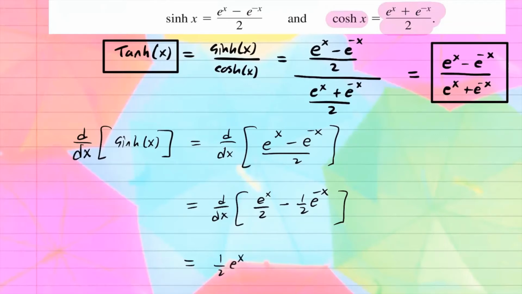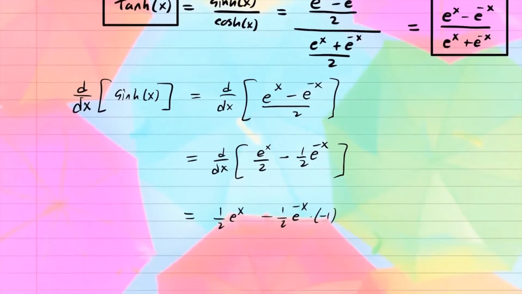And the derivative of 1/2 e to the negative x is negative 1/2 e to the negative x times negative 1. And that negative 1 and the negative in the front will cancel out. So you get 1/2 e to the x plus 1/2 e to the negative x. Or you can put them together, e to the x plus e to the negative x over 2. So that's the derivative of sinh.